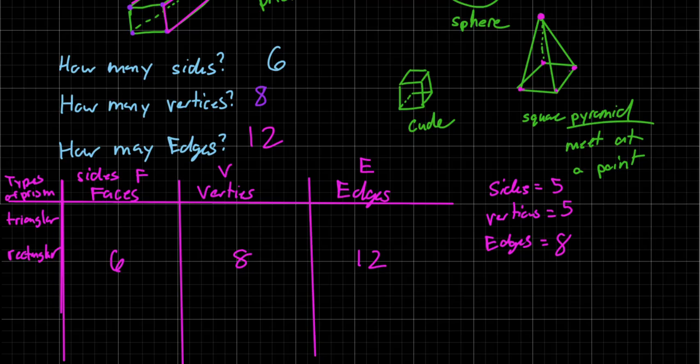How do I sketch a rectangular prism? I want you to sketch a rectangular prism. So rectangular prism. What does that look like? Sketch it.